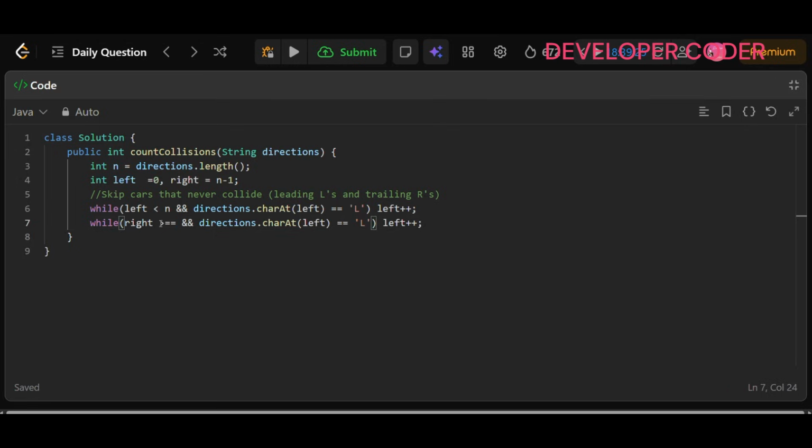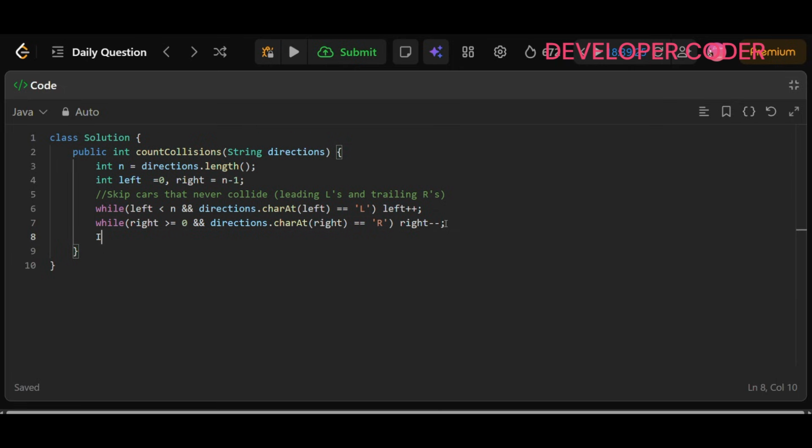because right is starting from n minus 1. So right is greater than or equal to 0, and directions dot charAt this right, if it is equal to capital R, then in that case you have to do right minus minus, that's it. This is done. Now you have to calculate the number of collisions, so here just create one variable int collisions, and just set it to 0.